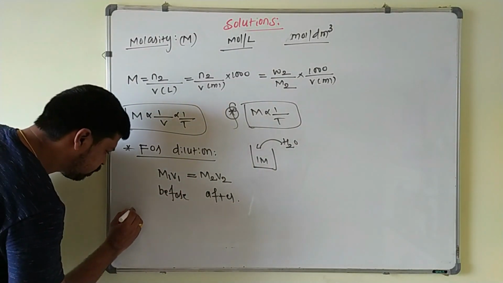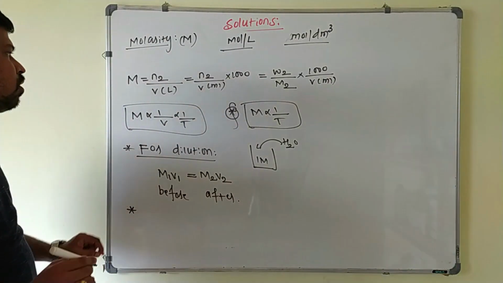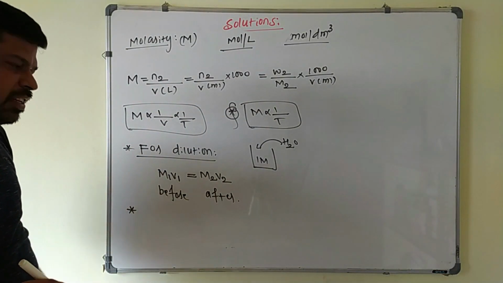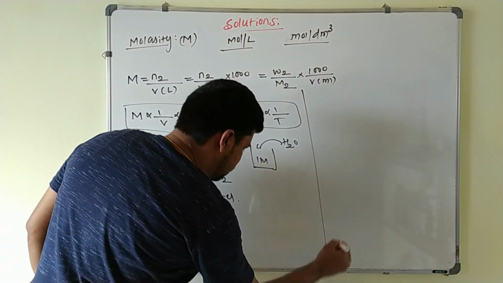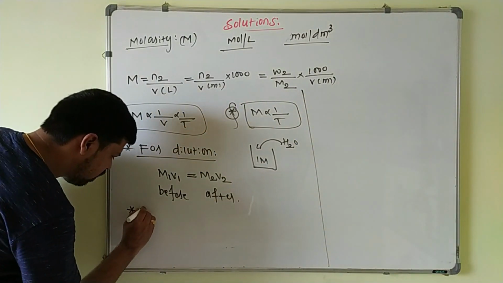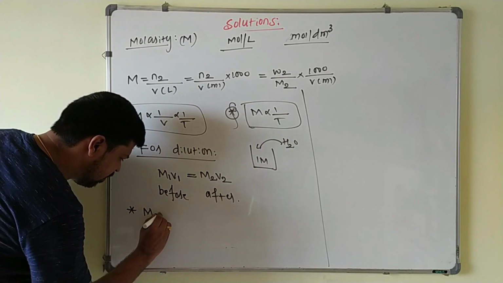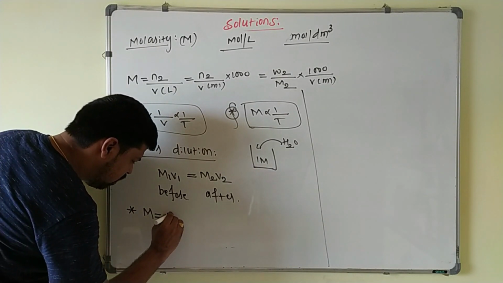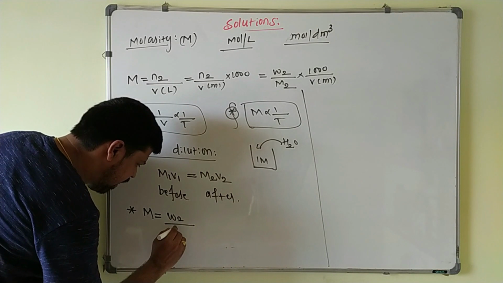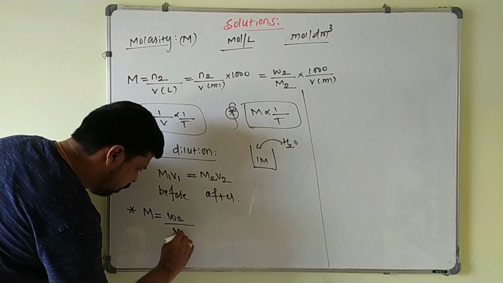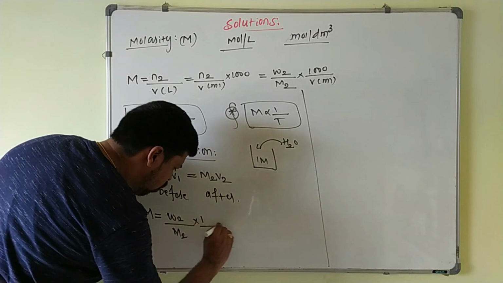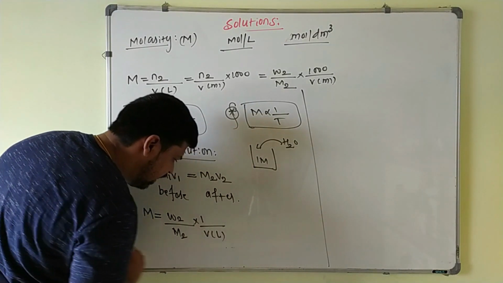Next point, the relation between the molarity and the strength of solution. Already we know the strength of solution. Molarity is equal to W2 divided by M2 into volume of the solution in liter.